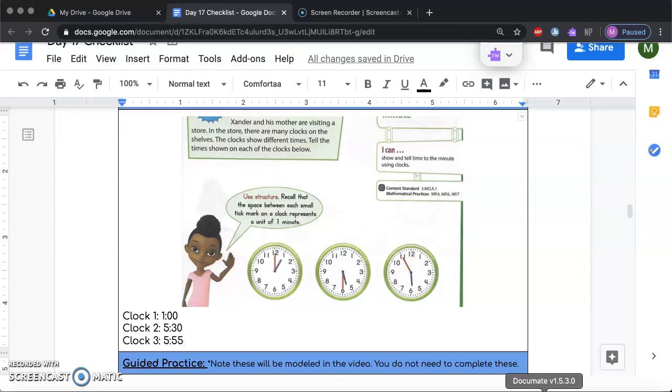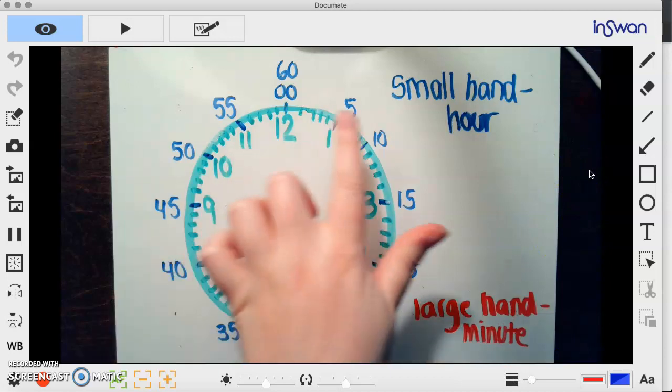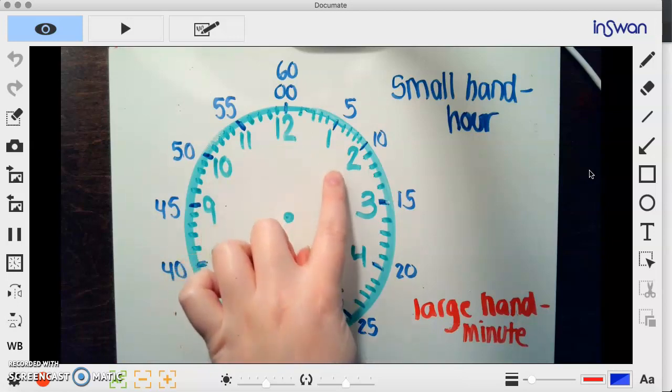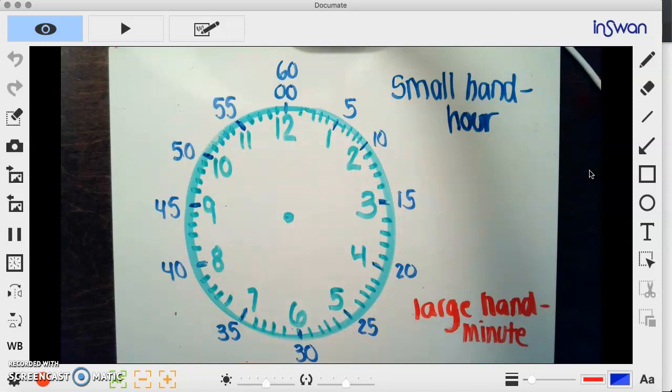So before we go into the guided practice, let's really break down and look at the clock. So I have my clock right here, and next to each number, I've broken down how many minutes it should be.